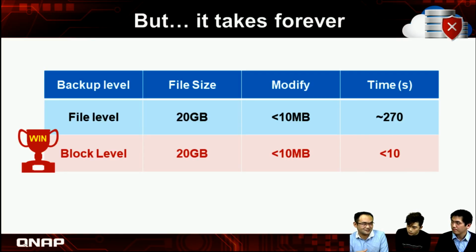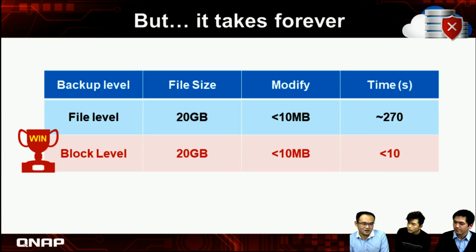It will take a lot of time. The second disadvantage is that when there is even just a bit of modification in the file, it also needs to transfer the whole file to the remote side. It will waste your storage resources and also network transportation.